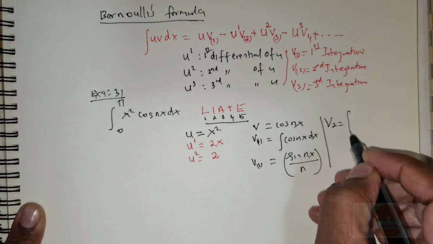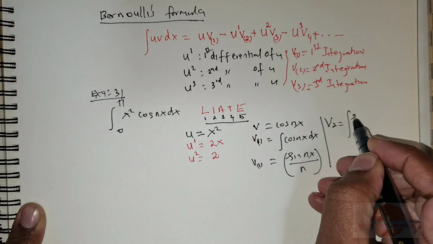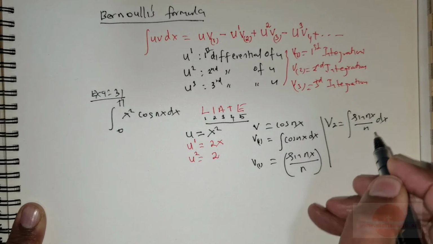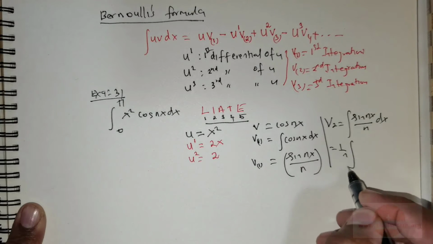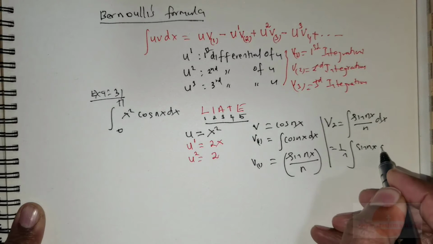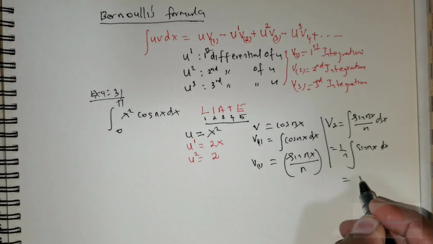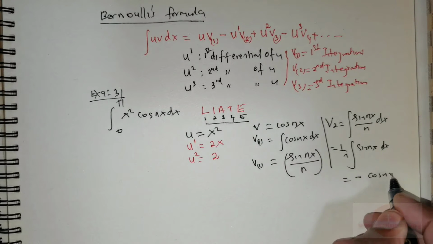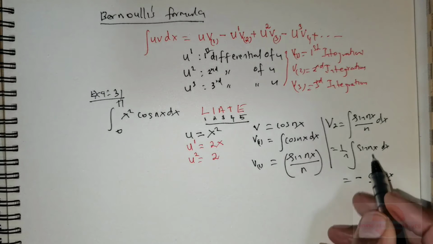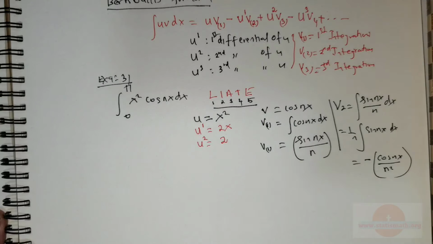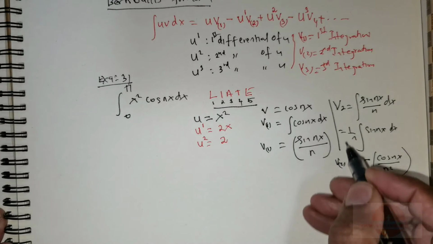So v2 is nothing but you need to integrate sin nx divided by n times dx. So that's going to be 1 over n integral of sin nx times dx. Now when you integrate sine, you get with a negative sign cos nx. The coefficient of x is n, so it's going to be n squared. So this is what you get. Now this is my v2.